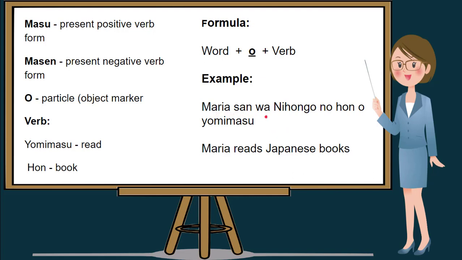Maria-san wa in English is Maria. Reads is yomimasu. Japanese books is Nihongo no hon. So, let's read this once again. Maria-san wa Nihongo no hon o yomimasu. In English, Maria reads Japanese books.